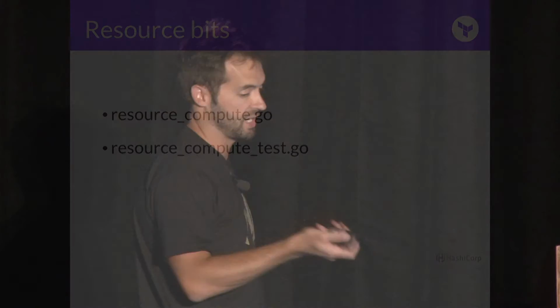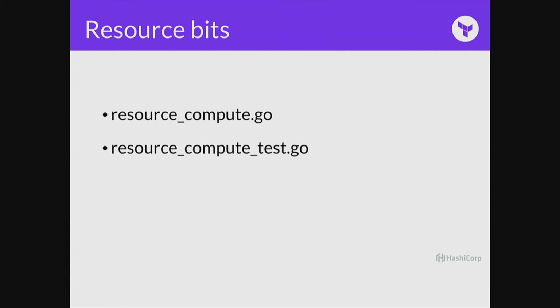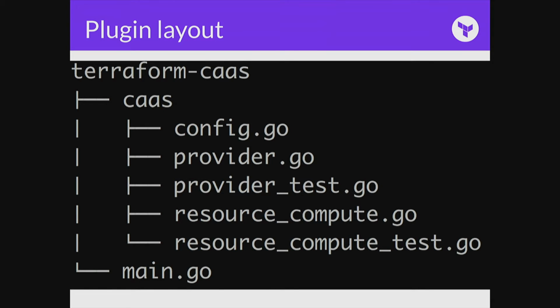So, the actual resource bits, the two parts we're going to have here are resource_compute and resource_compute_test. Looking at the actual structure of our plugin, we have terraform-provider-cas that matches the naming scheme Terraform expects. We have the main.go, which just makes the binary for us. And we have the CAS subfolder, which has provider, config, and provider test, which we won't touch on, but the other two things are important.